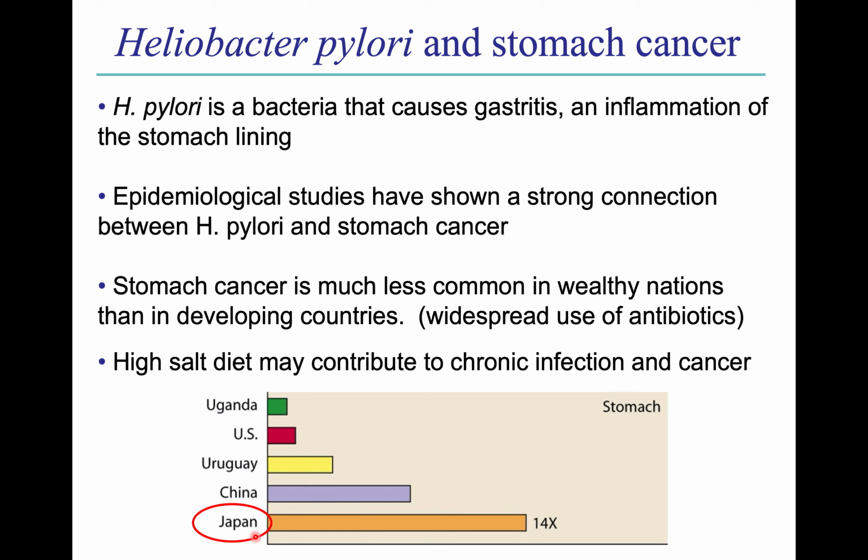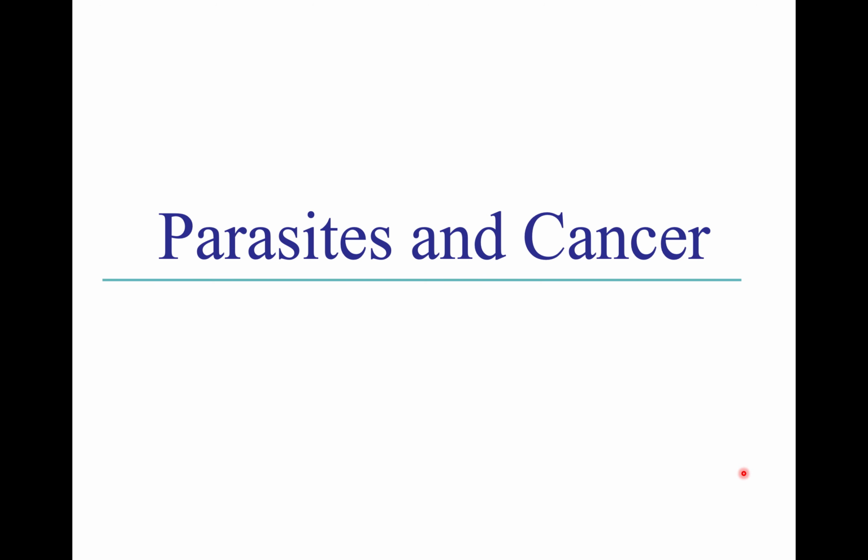And there was historically a much higher incidence of stomach cancer in Japan than in other parts of the world. So diet may be a factor at play here as well.